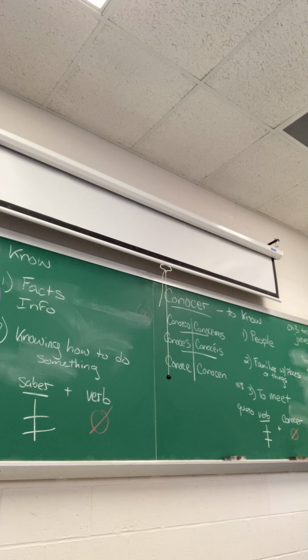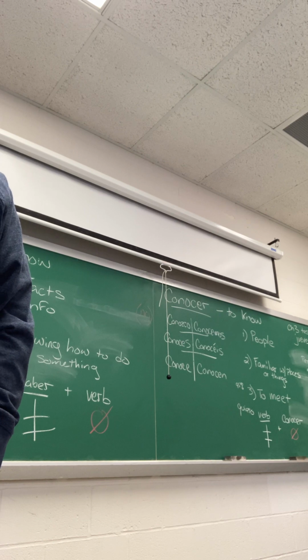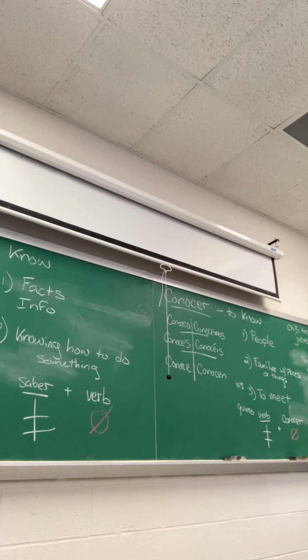Número 5. ¿Por qué no saben ustedes la respuesta? Why don't y'all know the answer? You guys don't know the answer. So, número 5, Diana, what verb and form did you choose?